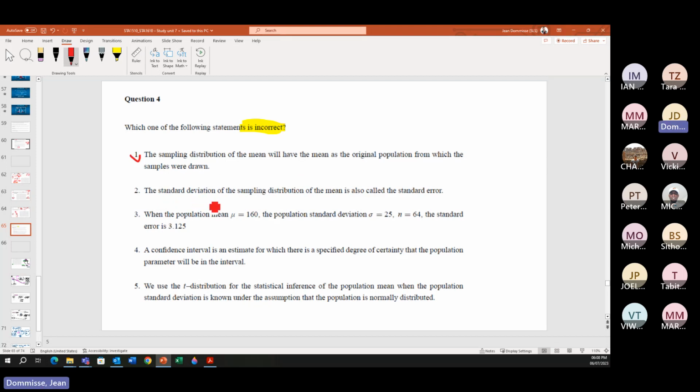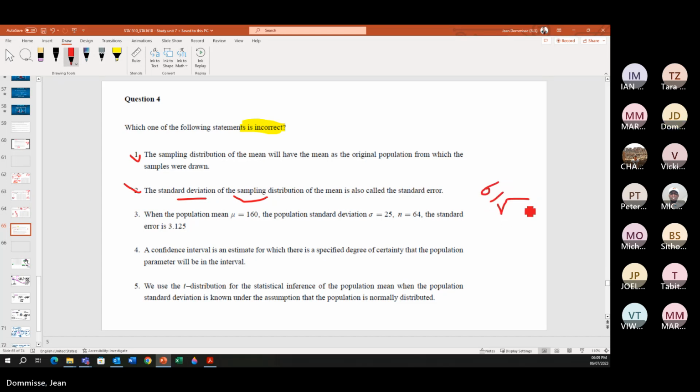The standard deviation of a sampling distribution of a mean is also called the standard error. We've just done it. So when there is sampling involved, it is the standard error. When the population standard deviation is sigma, the standard error is sigma divided by the square root of n. Interesting in this one, now they ask you to work out the standard error.